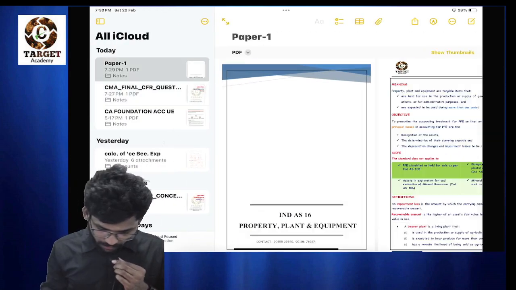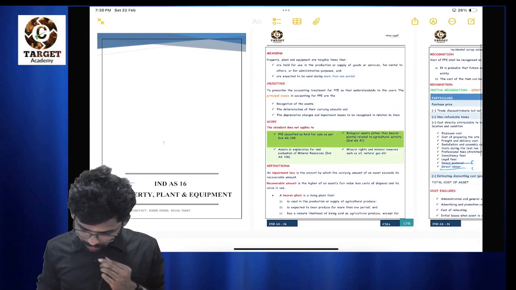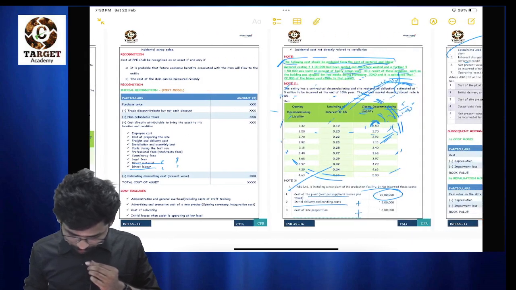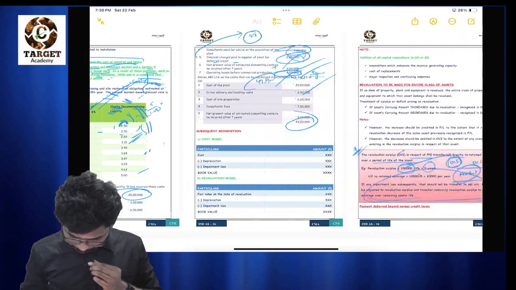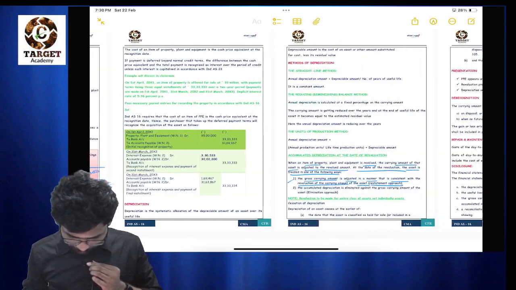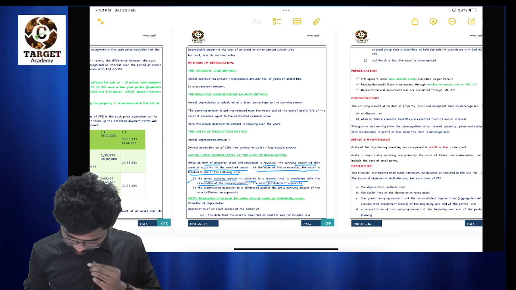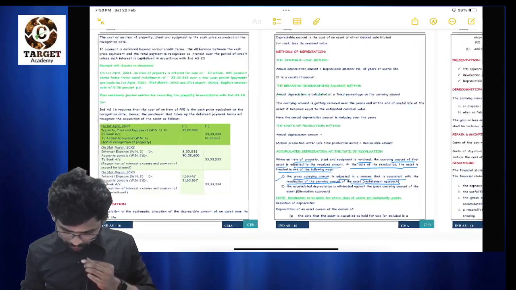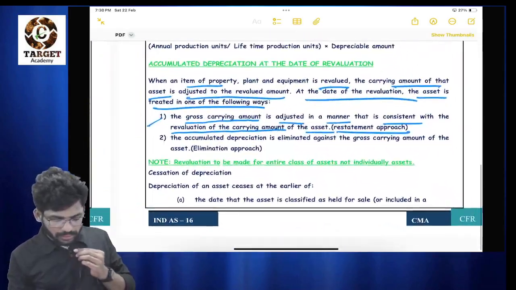Okay, so we need to write down one example for that. I thought I had incorporated a question on that, but still it is not there. Okay, so please take notes.